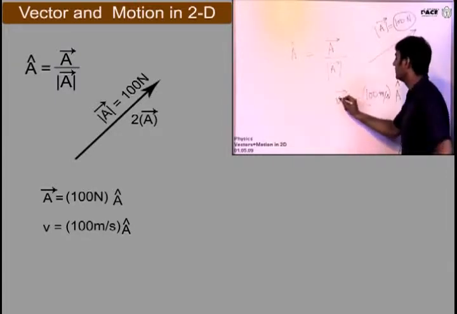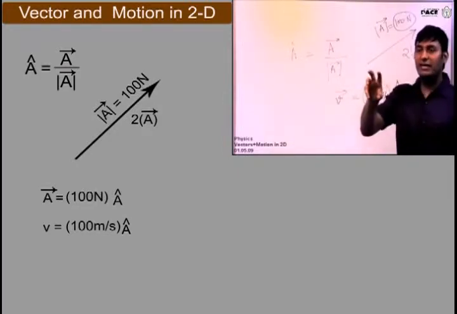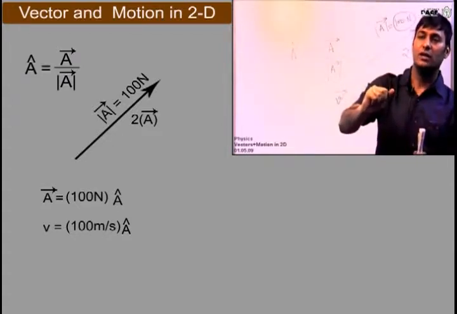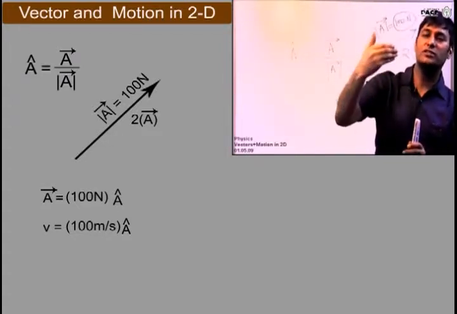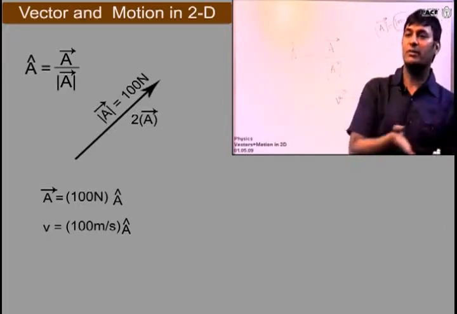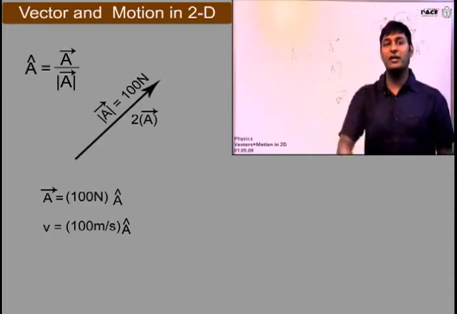Velocity. Yes, the velocity is 100 meters per second in direction of A cap. So a unit vector is a vector which defines the direction and its magnitude is 1. Now if you multiply it with the units of velocity, it will become velocity vector. You multiply it with units of force, it will become a force vector. Acceleration vector. So unit vector बड़े काम की चीज है.